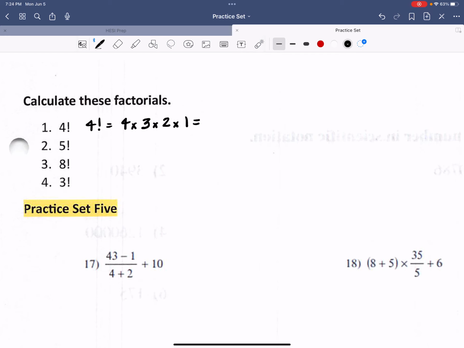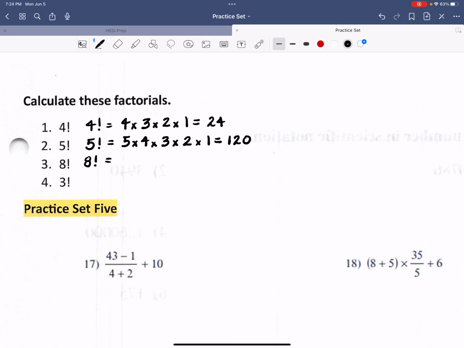Let your calculator do the work for you. 5 factorial is 5 times 4 times 3 times 2 times 1. That's 120. I have it memorized from many years of doing factorials. That will never change.